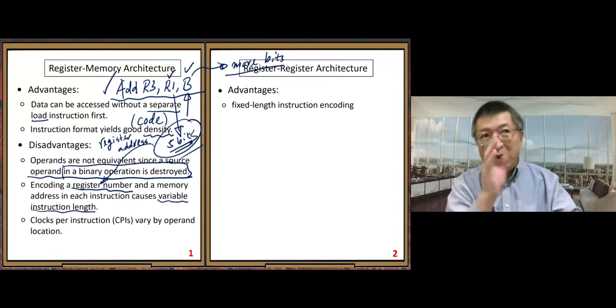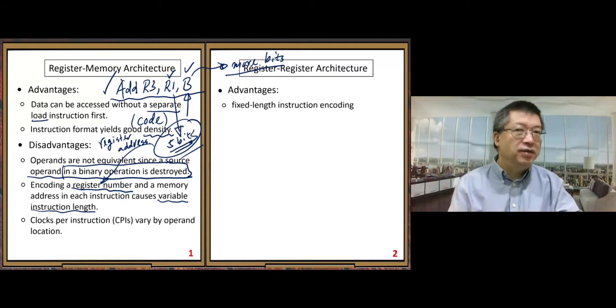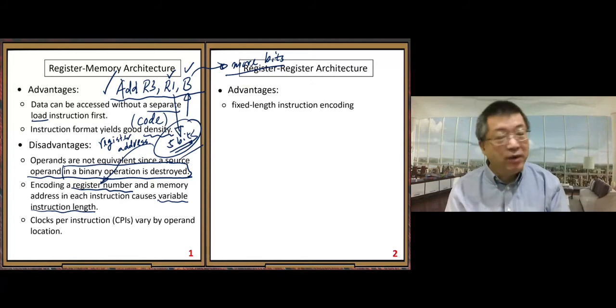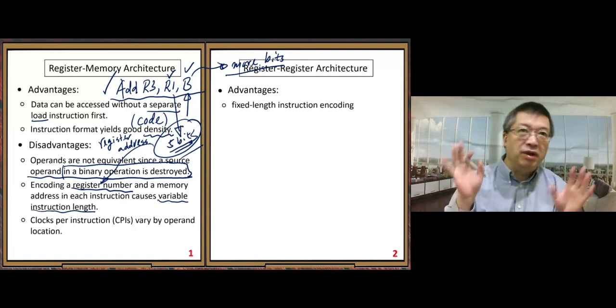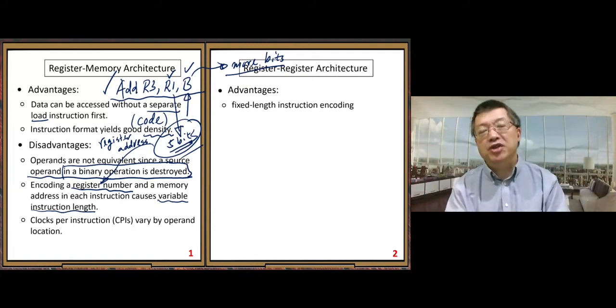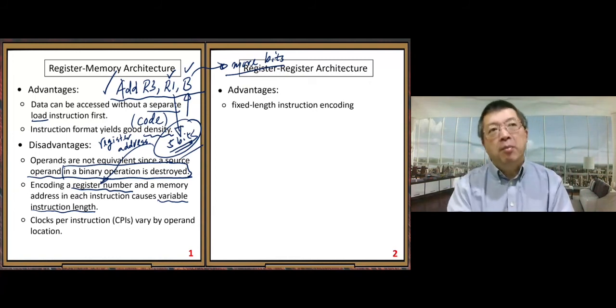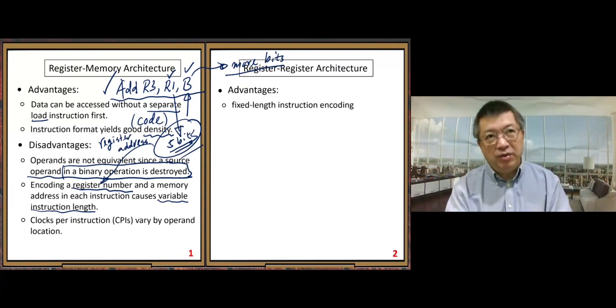Later in our discussion, we will see those details. From our previous example, we cannot see that. I didn't give you enough information, but in our later discussion, when we talk about addressing modes, memory addressing modes, we will see that.